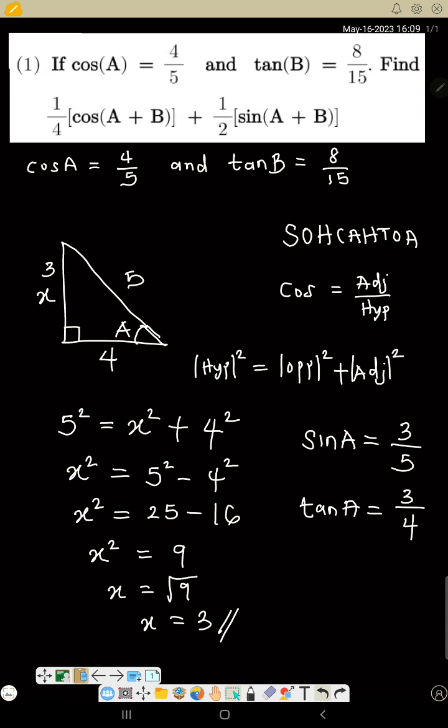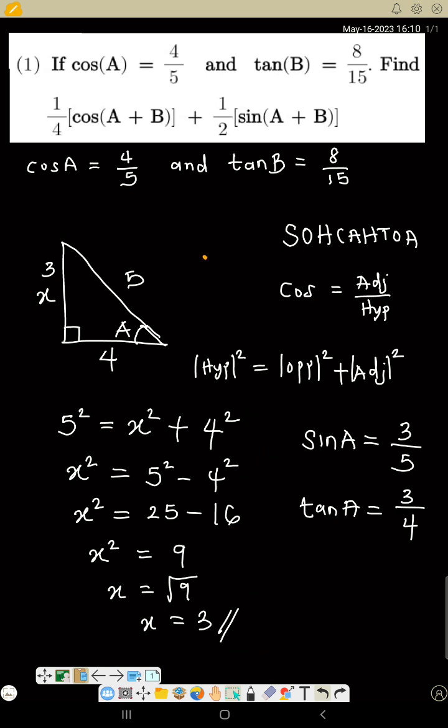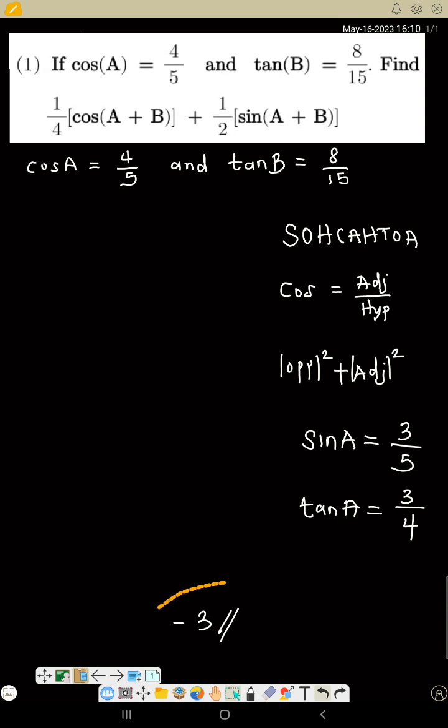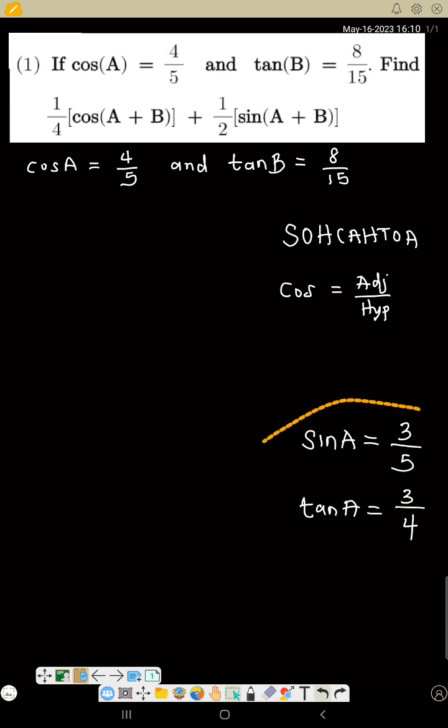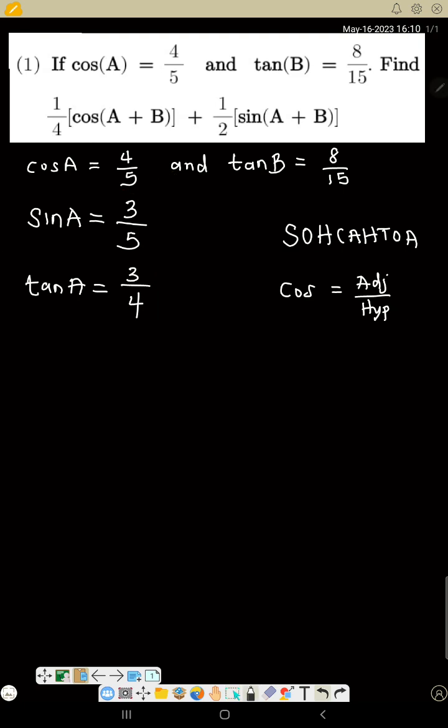So now let's do the same thing for B. Let's do the same thing for tan B. So here we have known sine A and tan A. Now let's do the second one, tan B. So this is the right angle, and this is B. You know tan is opposite over adjacent.